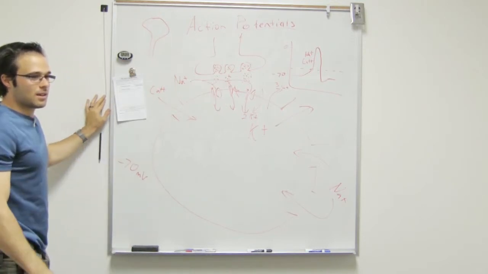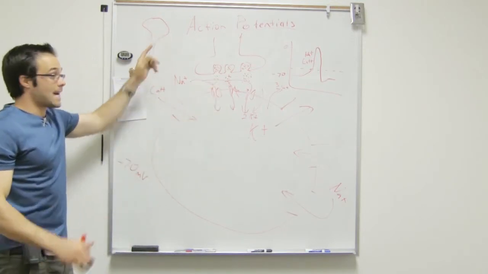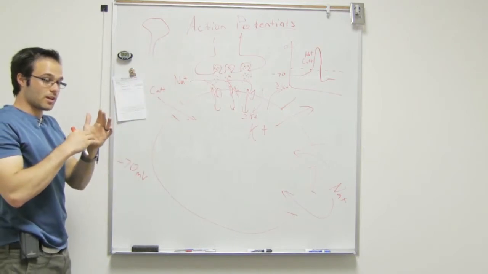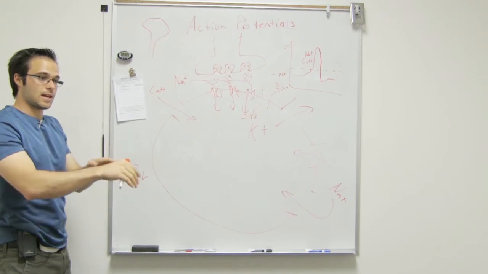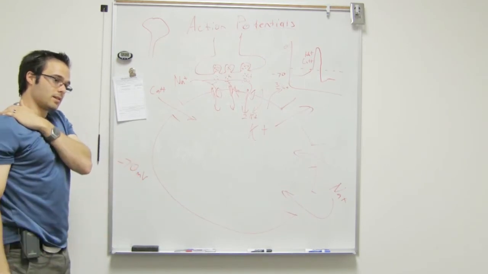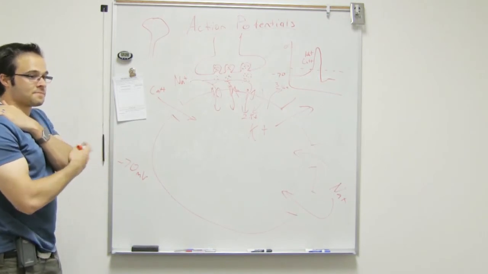Here, chemicals allow sodium to come in, but there it's actual pressure. You push on it, and that opens the gates that let sodium come in, which then lets an action potential travel. So the mechanical is a little bit different from a chemical reaction.